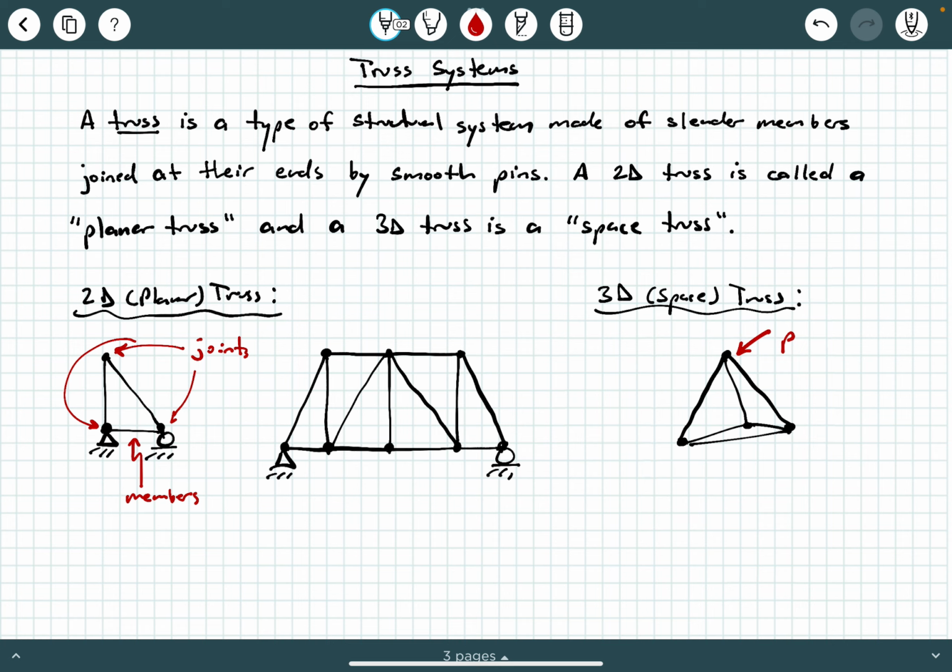For the purposes of this background video, I'm going to focus more on talking about two-dimensional planar trusses.